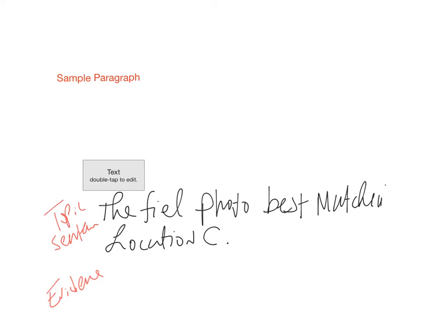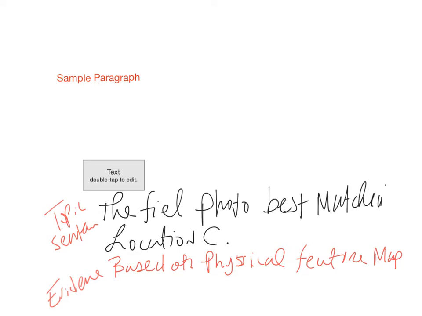Our evidence. What piece of evidence can we use that would then explain this? And so what I want to do is return to my maps, and I want to say, based on the physical feature map, location C is in Great Bear Lake.